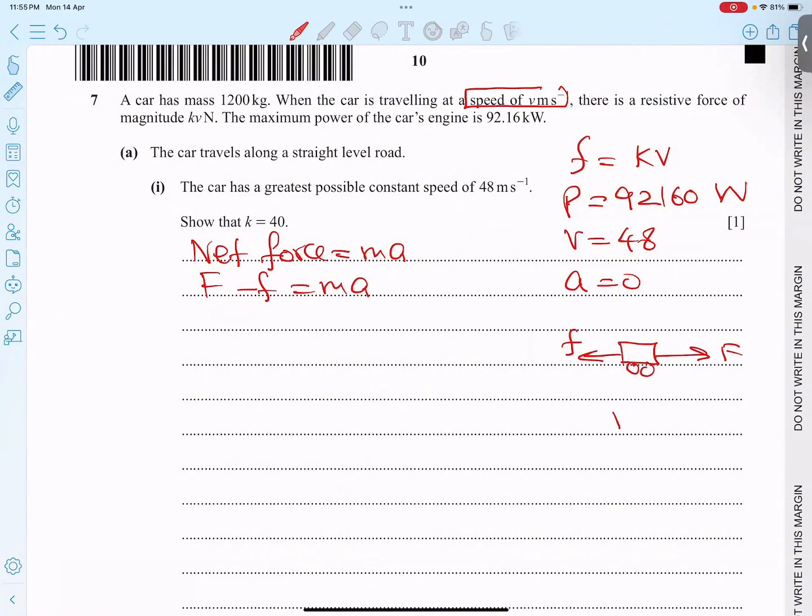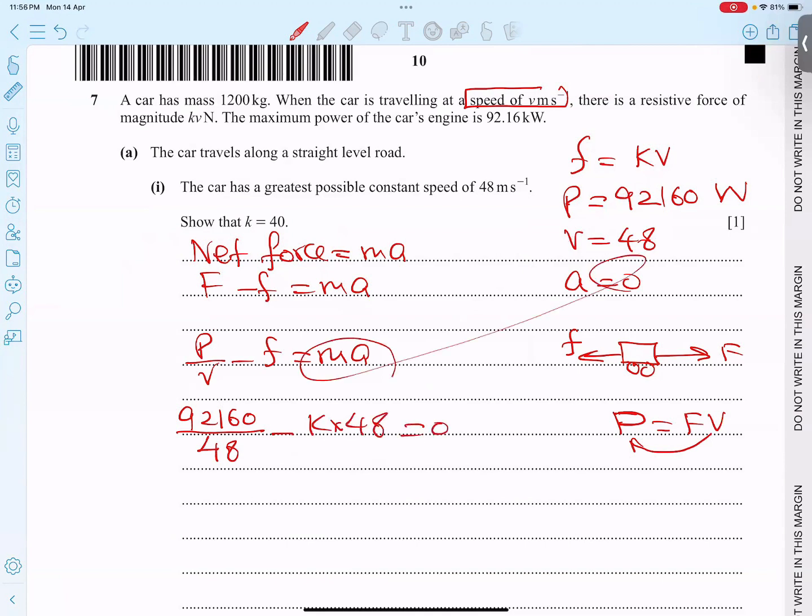And the basic formula of the force is power is equal to F into V. And if I want to make F the subject, V will go down. So I'm writing here P by V minus friction equals ma. Power is 92160 over speed 48. Friction force is kV, but k is unknown. V is 48 and a equals 0 because acceleration is 0.